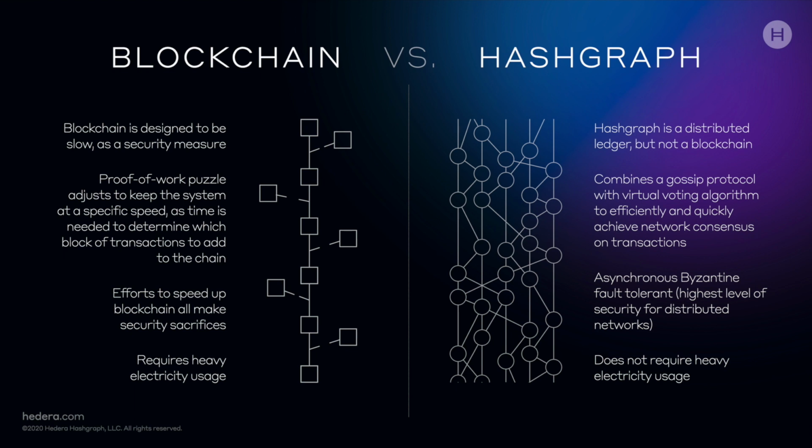So let's start with blockchain versus Hashgraph and try to understand some of the differences here. The most ubiquitous public blockchain technologies today, so Bitcoin or Ethereum, utilize what's known as proof of work consensus. And there are some downsides to proof of work consensus in order to achieve an adequate level of security. The downsides include that it's computationally heavy and consumes a lot of electricity.